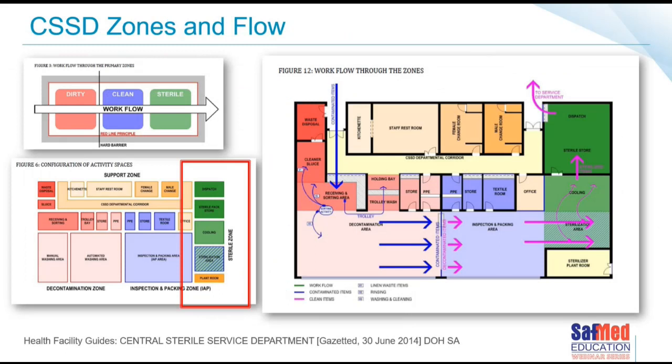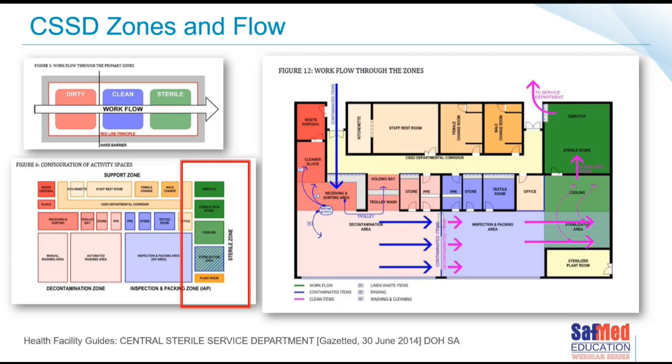So a lot of the slides I'm going to refer to are indeed from this Department of Health published guideline. That's the one we want to refer to, and that's very important. You all know, and you've known it for a long time already, that the CSSD is, of course, divided into several zones. We also know that the flow of work must go from dirty to clean to sterile, and that we don't want to cross over from one bit to the other, that the flow should be in one line.